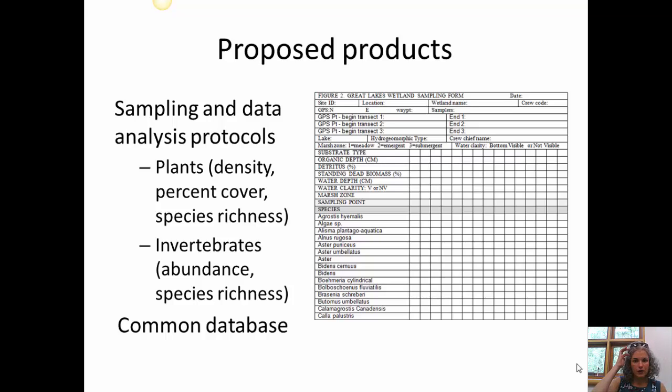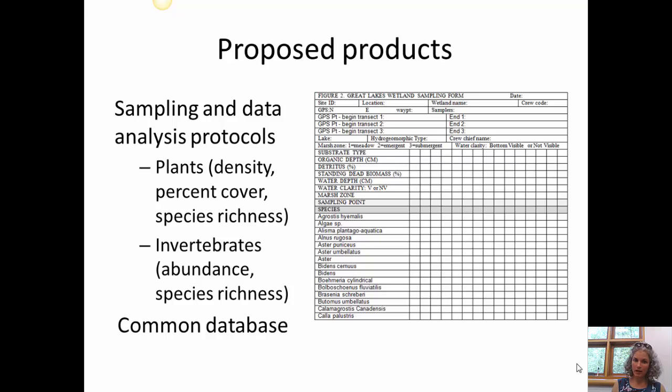Okay, so I want to give you some ideas of the kinds of tools that we aim to produce. So when I sat down with some of you in July, I got the impression that you were interested in sampling protocols so that you could get your students out into a Great Lakes coastal wetland, or maybe even an inland wetland, and sample the vegetation, possibly the invertebrates.